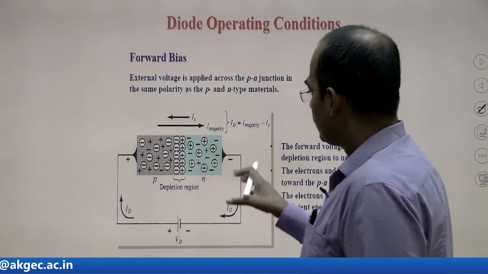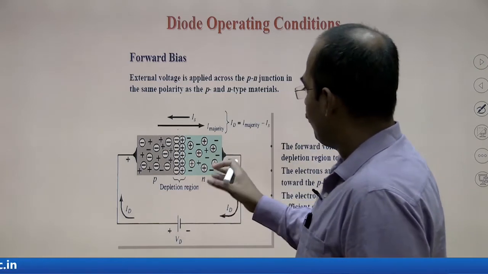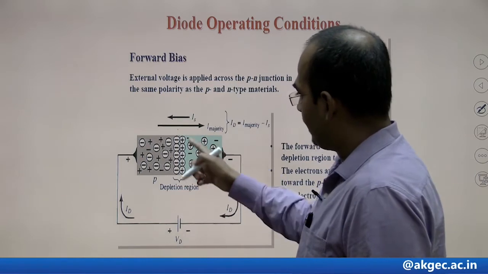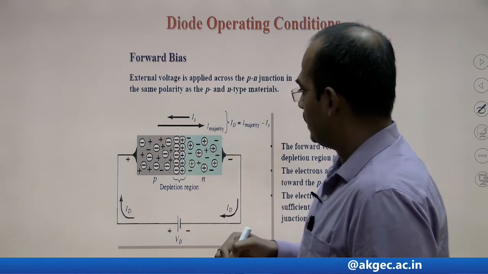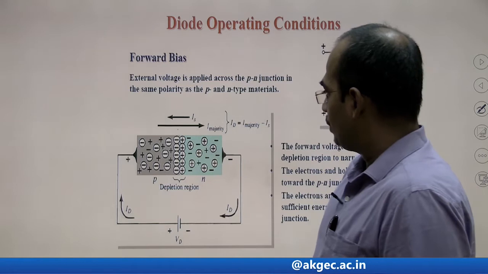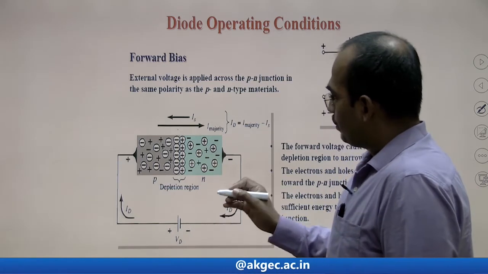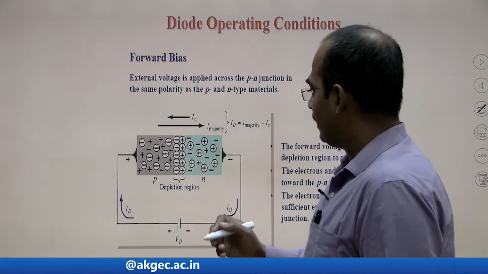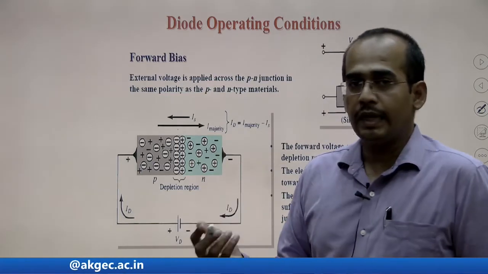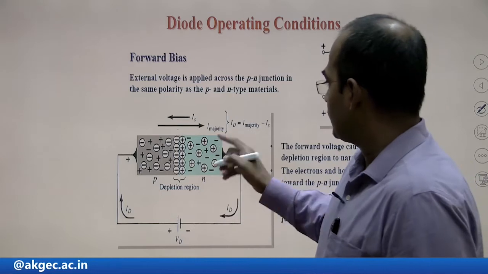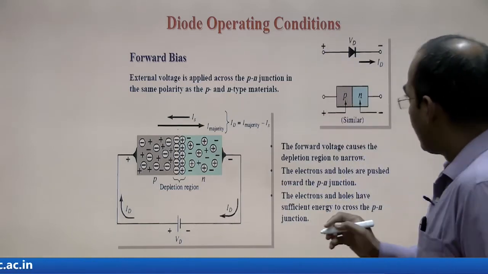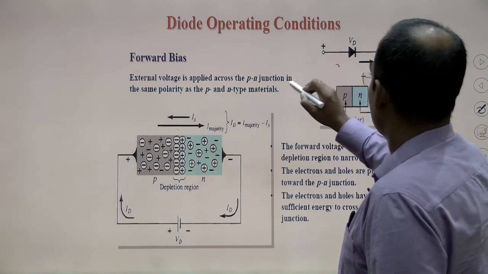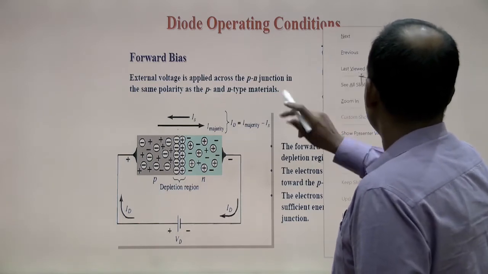As a result, the majority charge carriers of the n side and of the p side will start flowing across the junction, and they will constitute the majority carrier current, that is, the forward bias current.